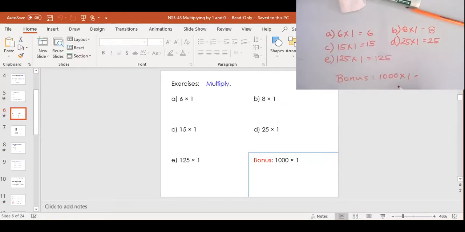Okay, now the hard one, 1,000 groups of 1. Only those people who are really smart are going to get this one. 1,000 groups of 1 is equal to 1,000. Good job. Give yourselves a pat on the back.